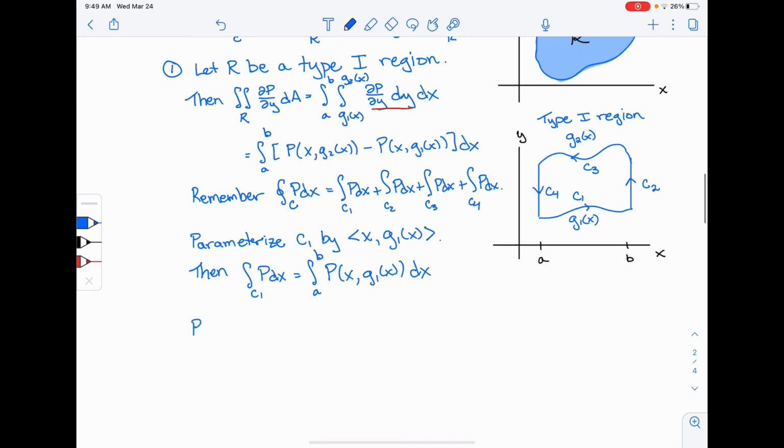Then I'm going to parameterize c3, but I'm actually going to parameterize minus c3, because c3 goes from right to left, but I'm used to forming these things from left to right. So I'm going to parameterize minus c3 by x, g2 of x.